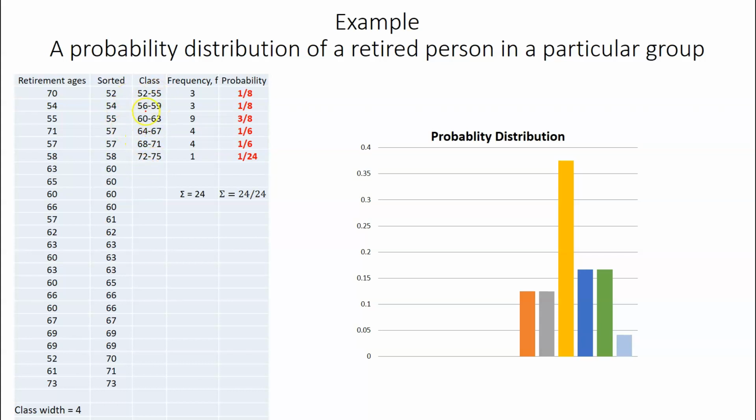But if you want to break it down into classes, then technically we're talking about a histogram. You've got your frequency, and then 3 out of 24, 3 out of 24, 9 out of 24, and so on and so forth. And of course, it all adds up to 24 out of 24, which is 1. So yes, I did this correctly. And you can see right here that this one's way more common.